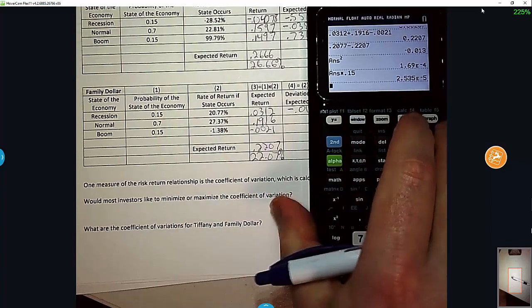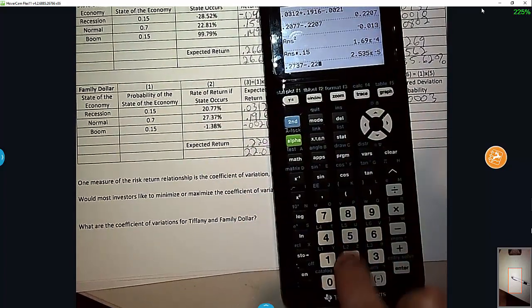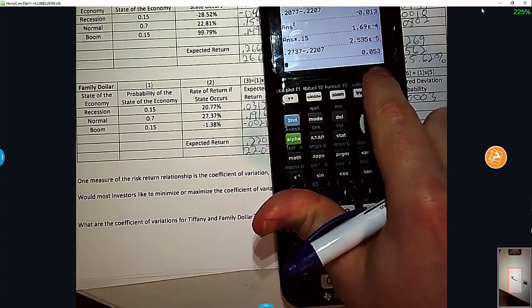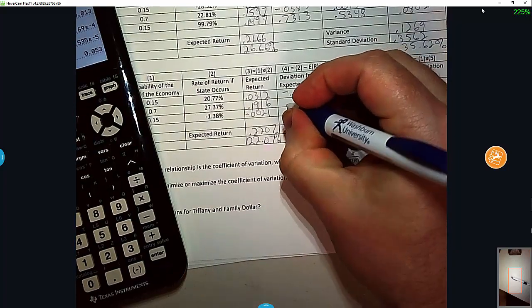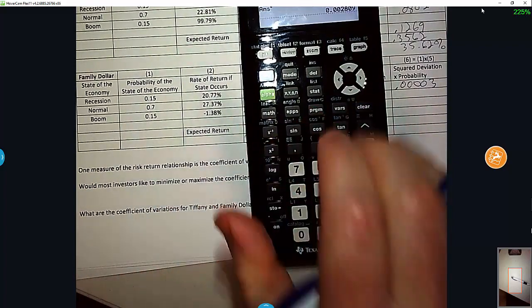For the normal economy, my deviation is going to be 0.2737 minus 0.2207, which gives me a value of 0.053. I'm going to square that deviation to get 0.0028.